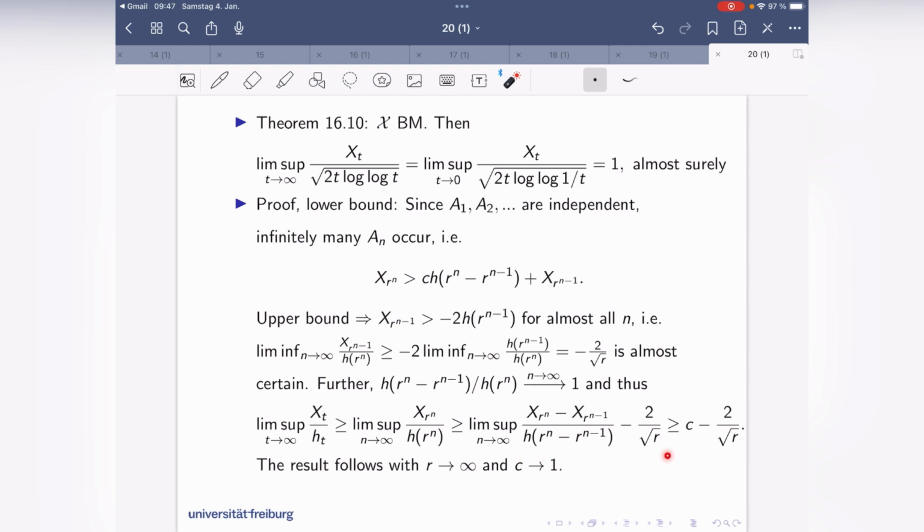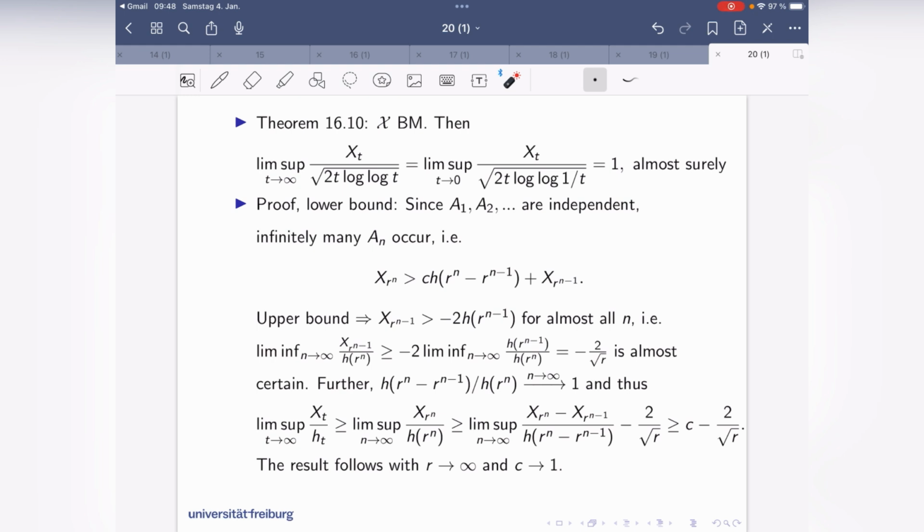So I have this thing here. This lim sup is bigger than c, because we know this occurs infinitely often, and I also write down the minus 2 divided by the square root of r. Now let r go to infinity and c go to 1, which I can do here, which means that this lim sup is bigger or equal than 1, which is exactly the lower bound for the law of the iterated logarithm.